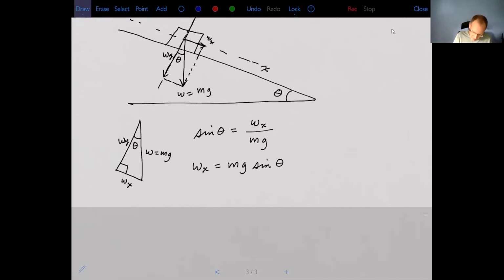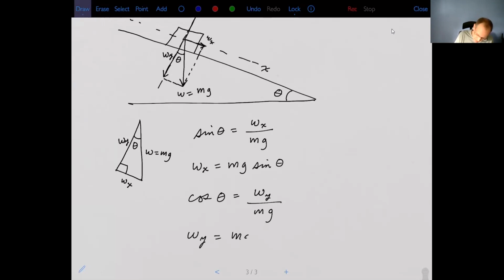And then for the y, since Wy is adjacent to the angle, I know that cosine of theta must equal the adjacent side divided by the hypotenuse. So therefore, Wy must be mg cosine of theta.